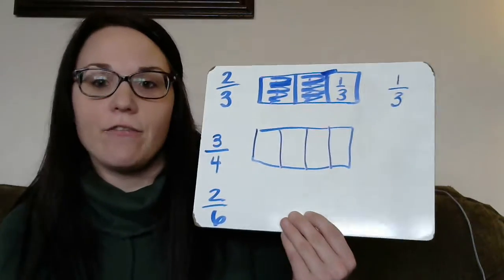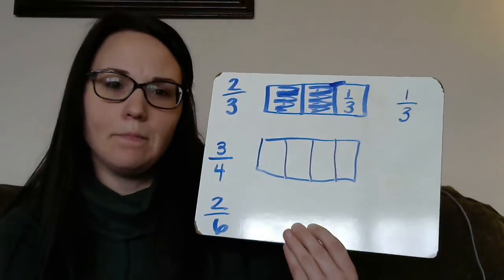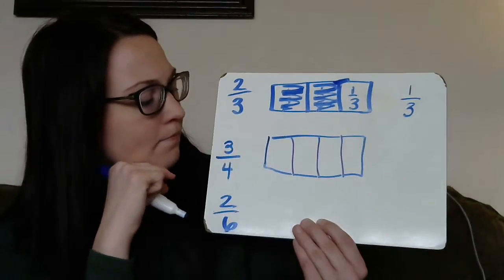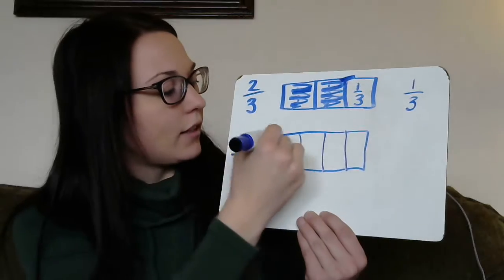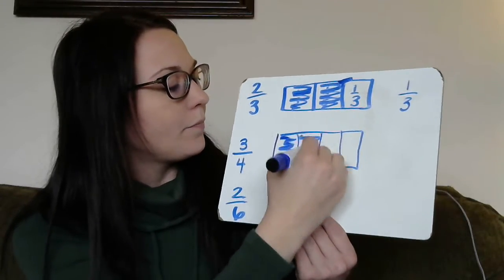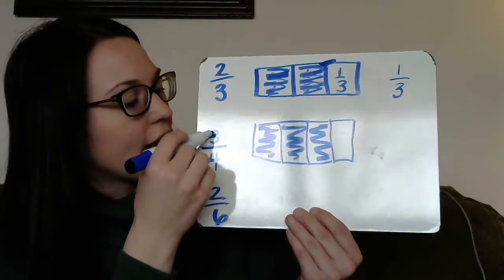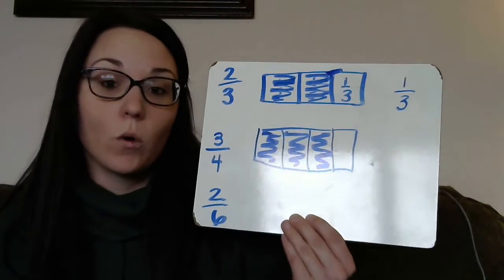And if I have fourths and I want 3/4 shaded, how many would I color in? I would look at the top. I would color in 3 of them. So let's color in 3 of them. 1, 2, 3. I have 3 of them shaded, and there are 4 pieces in my whole. I say that they are 3/4.